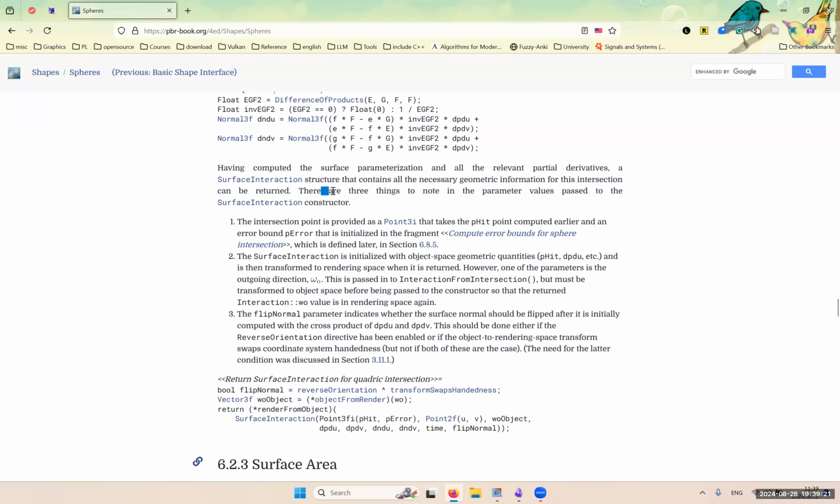And there are three things to note. The intersection point is provided, again, as an interval. The surface interaction is initialized by object space geometric quantities.